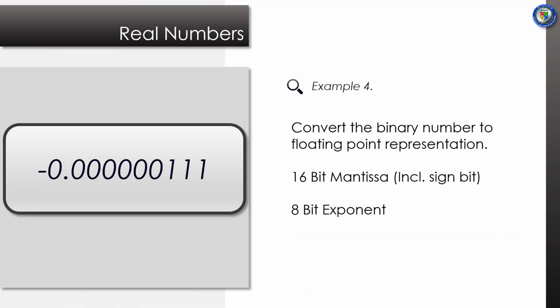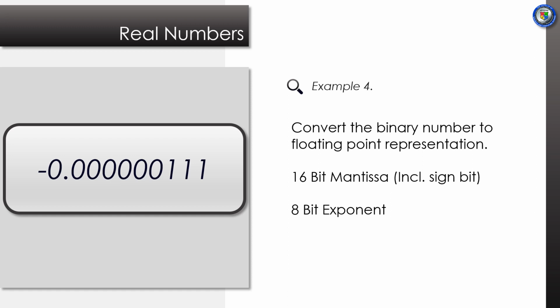We'll now look at our fourth and final example. In the previous 3 examples, we have looked at different combinations of positive and negative mantissa and exponent. In example 1, we looked at an example with a positive mantissa and a positive exponent. In example 2, we looked at an example with a negative mantissa and a positive exponent.